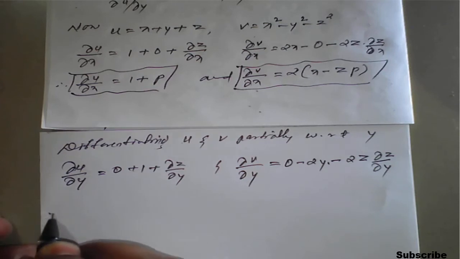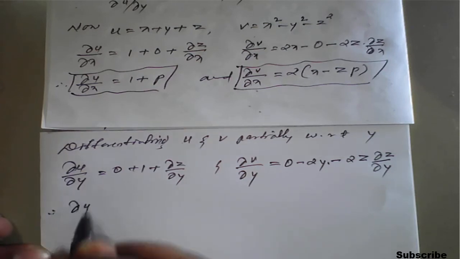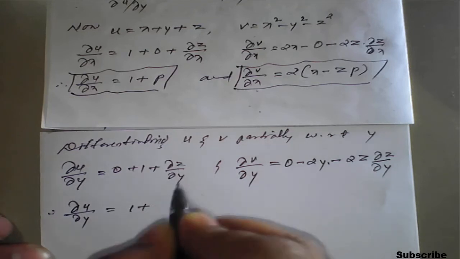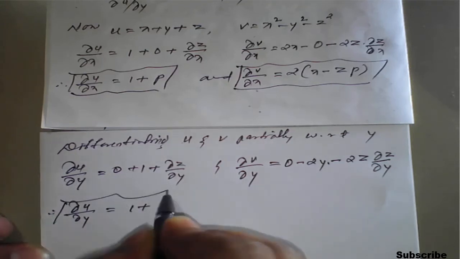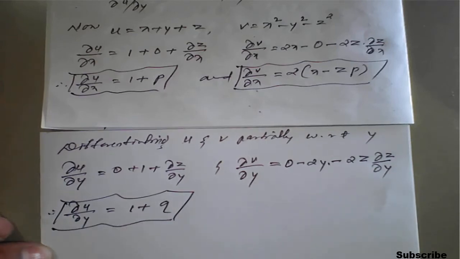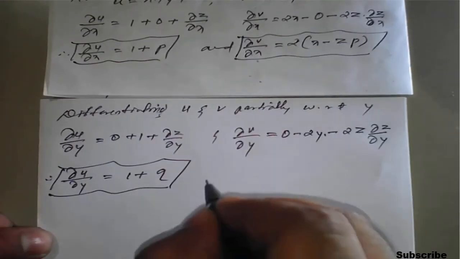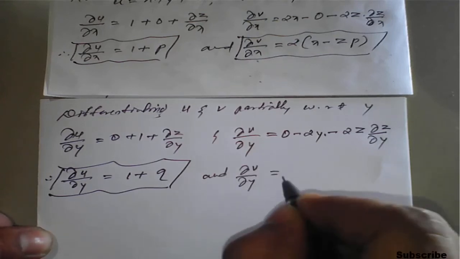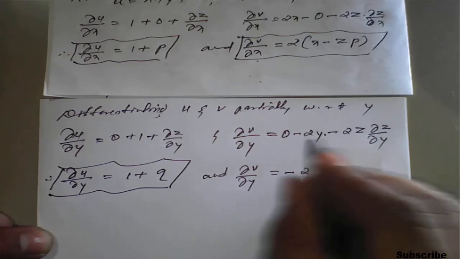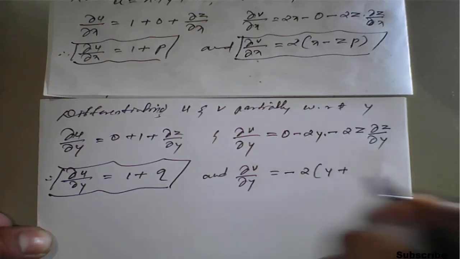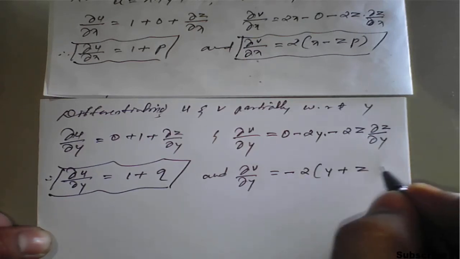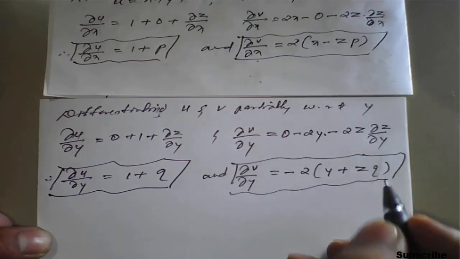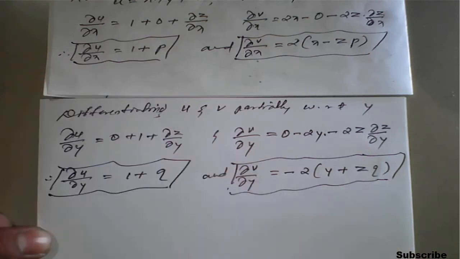So therefore dou u upon dou y is equal to 1 plus dou z by dou y, which is q, and dou v by dou y is equal to minus, and 2 you take common, it is y plus z into dou z by dou y, which is q. So these are the two results we got, and now we need to apply them in the formula.